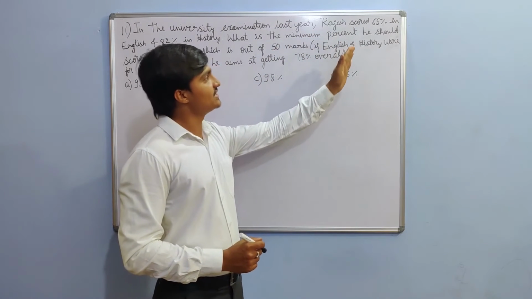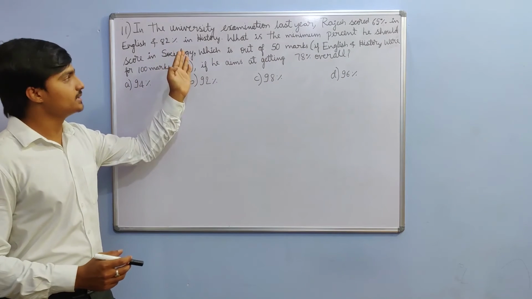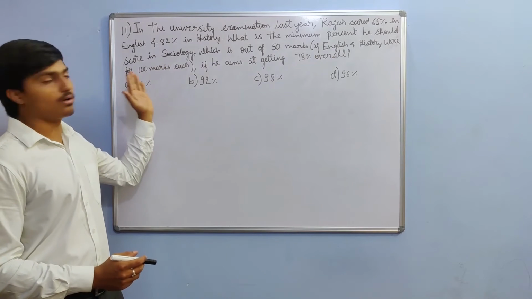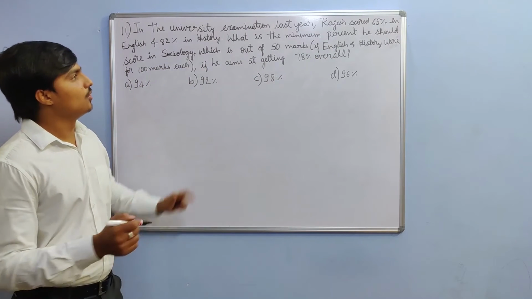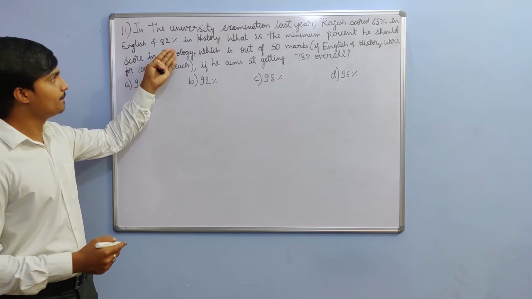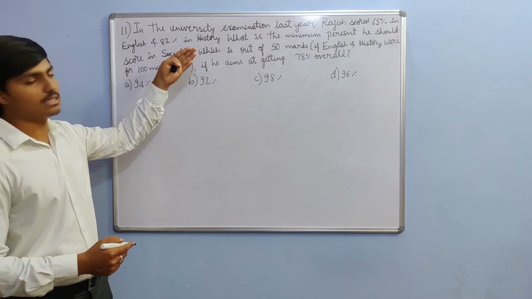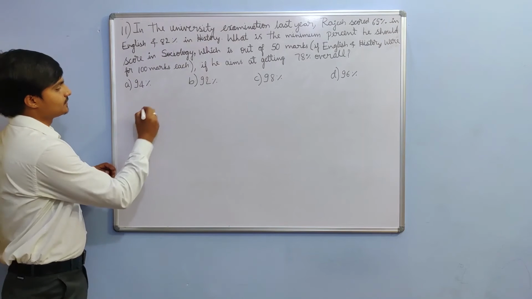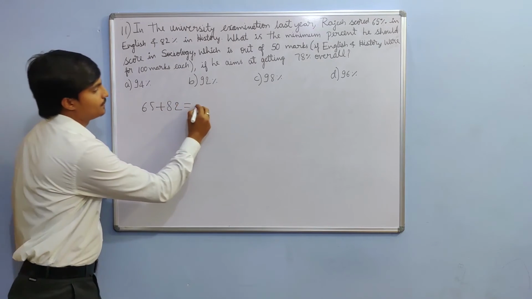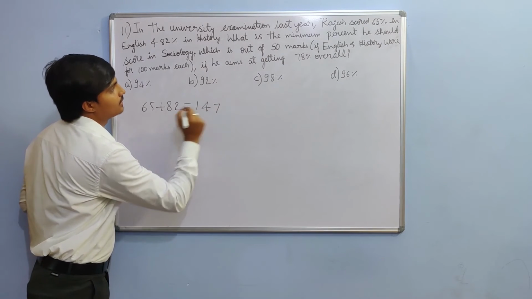Rajesh has scored 65% in English and 82% in history, and they have given English and history were for 100 marks each. So 65% of this 100, which is equal to 65, and 82% of 100, that is equal to 82. So 65 plus 82, which is equal to 147.